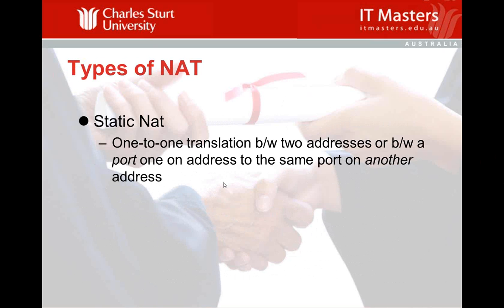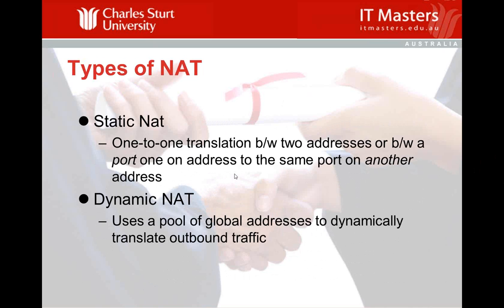Okay, so types of NAT. There's static NAT, which is a one-to-one translation between two addresses, or between a port on one address to the same port on another address. We'll see how that works in a sec. Dynamic NAT uses a pool of global addresses to dynamically translate outbound traffic.